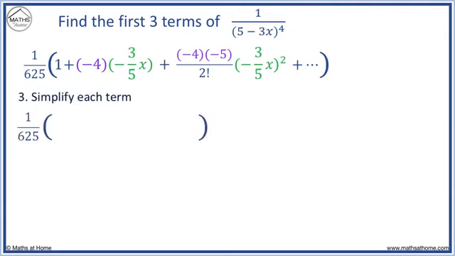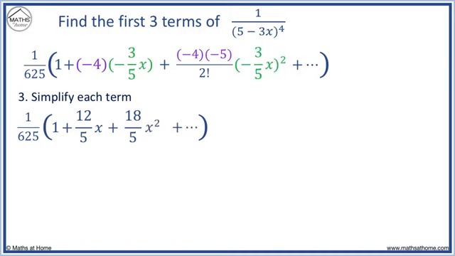We leave the coefficient of 1/625. 1 is 1. -4 times -3/5 x equals plus 12/5 x. -4 times -5 divided by 2 factorial equals 10. And 10 times (-3/5) to the power of 2 equals 18/5. We also have x squared.